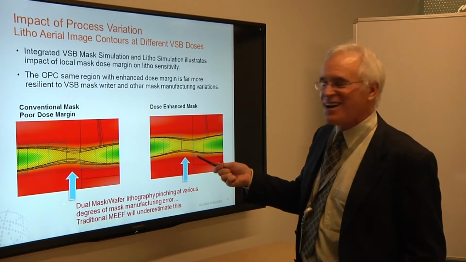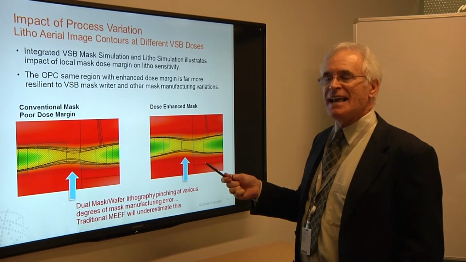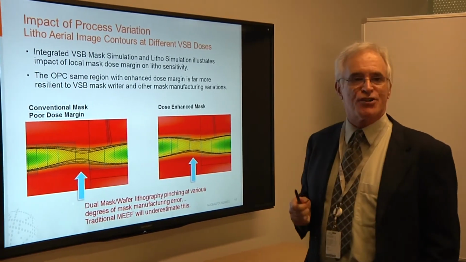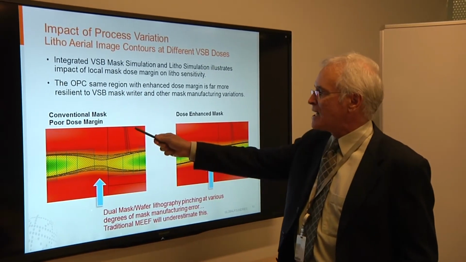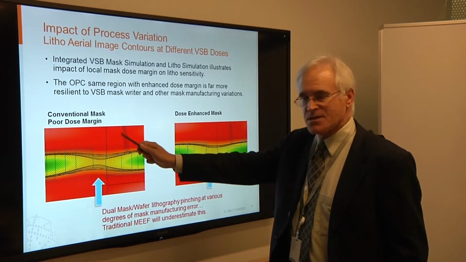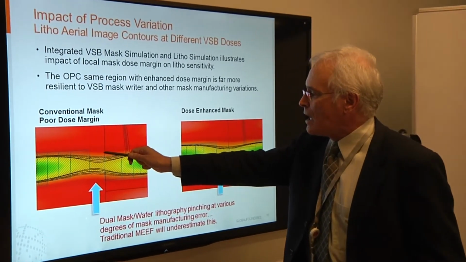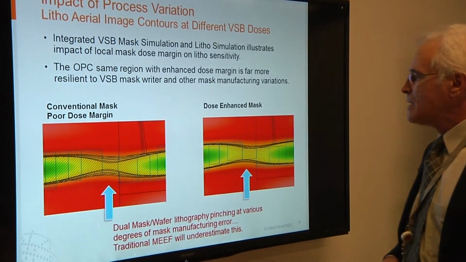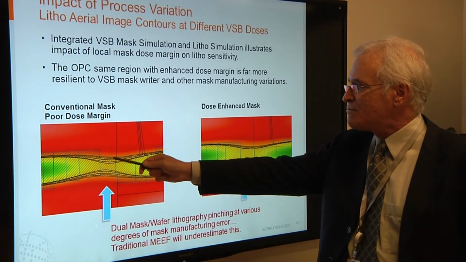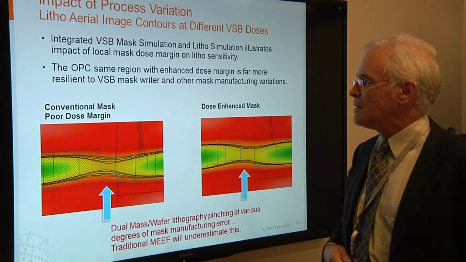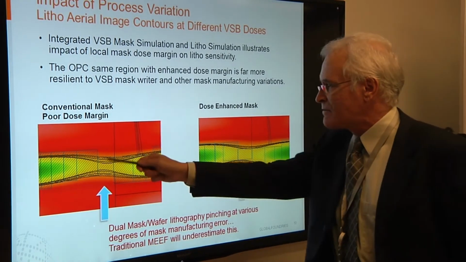So I'd like to show what happens when you use the enhanced dose margin approach that we showed in the prior slide. So with a conventional mask, you'll see, and these are lithographic contours I should point out, that as we change the dose of the mask writer, you'll see that you have a tremendous variation of the litho line width. A lot of pinching.